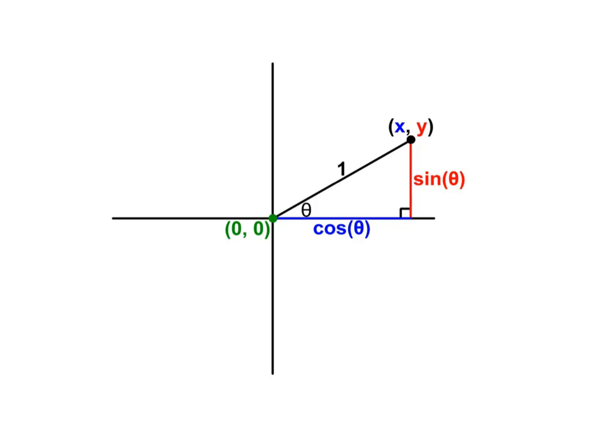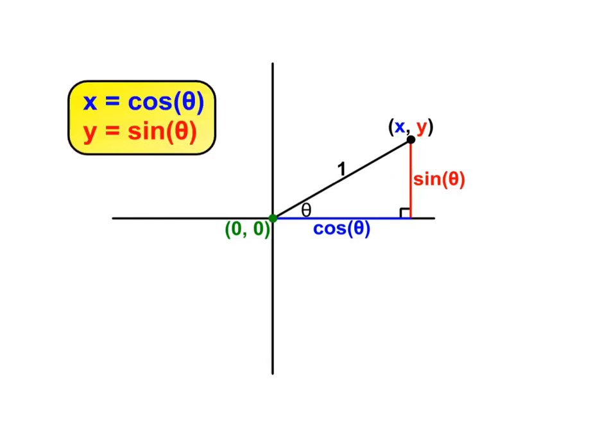But notice the x and the y here, I also found out that I could figure out x by just doing cosine of theta, and I could figure out y by doing sine of theta. Therefore, for this point, we can see that the x coordinate of that point would have to be cosine of theta, and the y coordinate would have to be sine of theta. This actually ends up being a really important idea as we go forward, as you're going to see.